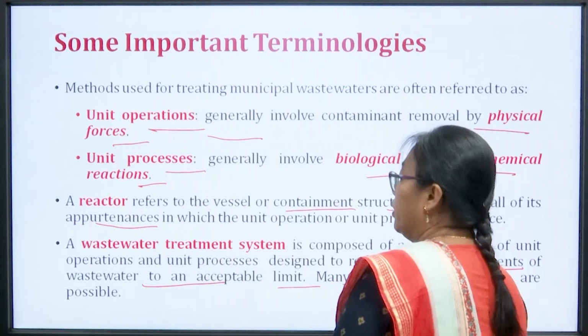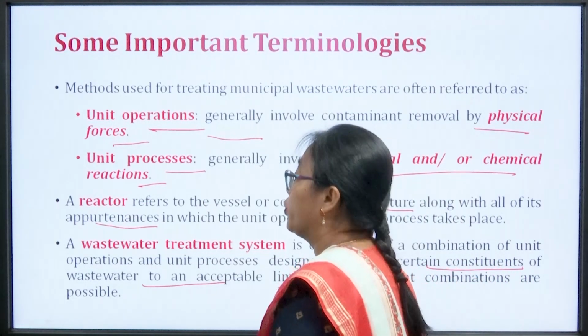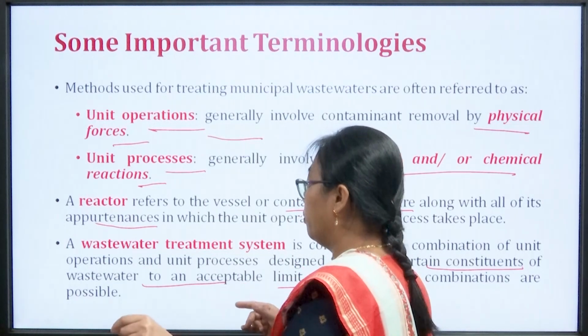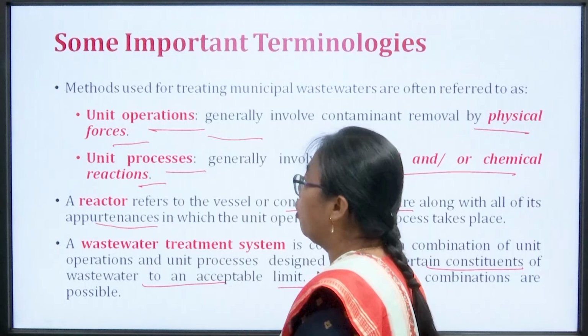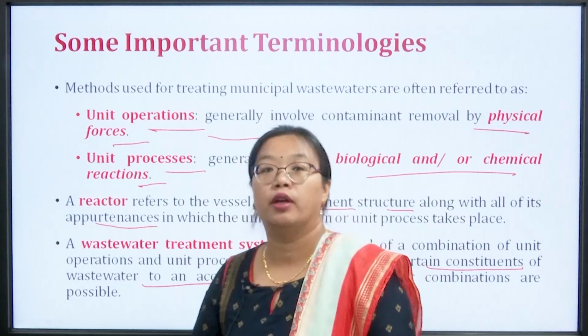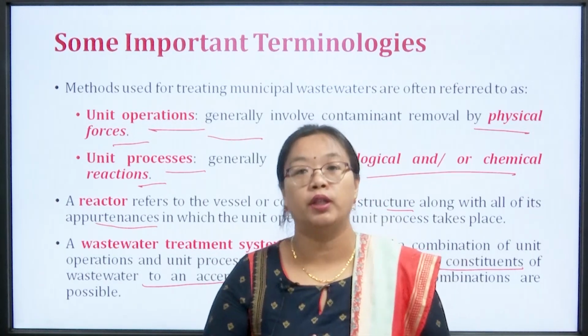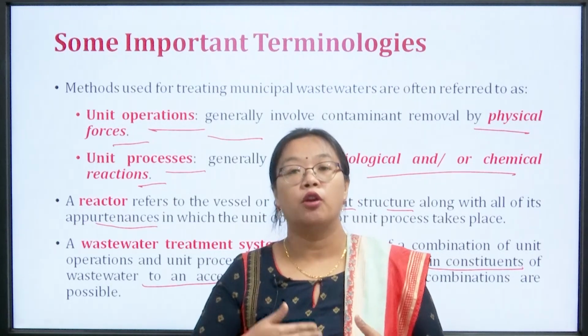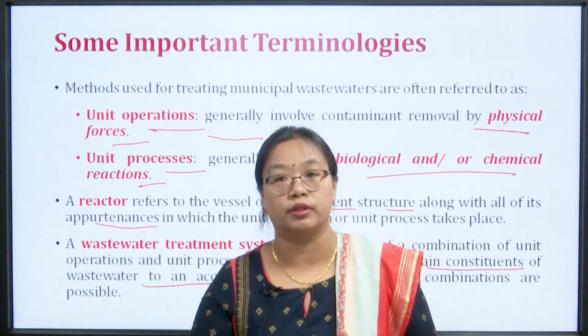There is no hard and fast rule in wastewater treatment that you have to follow a particular flow sheet. Depending on the type of waste you have, you can go for different types of processes, you can go for different combinations of operations and processes.